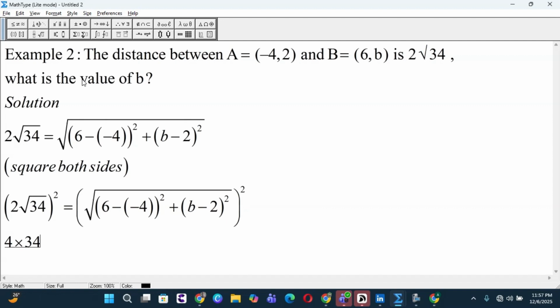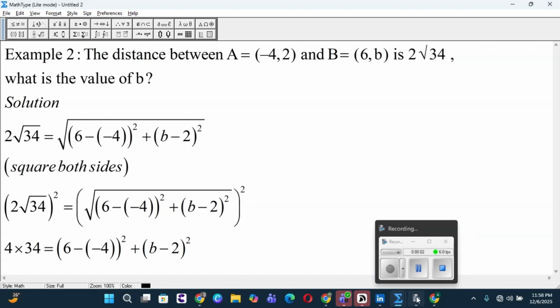In the same way, the square root will be removed by the square that I have here. So this is what I'm going to have at this point. We have gotten rid of the square root sign, so we need to find the value of b from this equation.